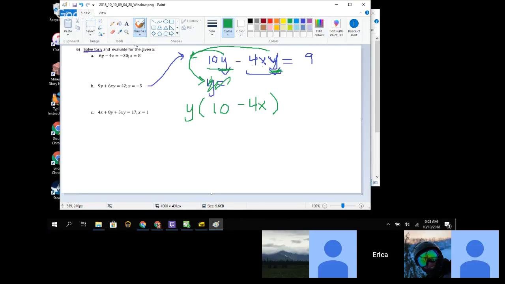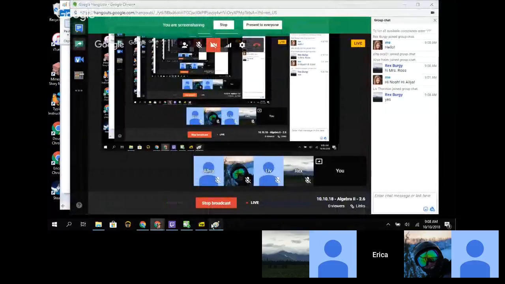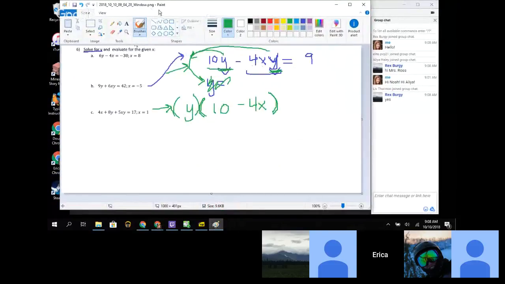So what happens now is I have a y that's all by itself that's multiplied by the stuff in the parentheses. Are you guys okay that this green form of the equation is the same as this original form of the equation? Does that make sense that they're the same? I'm going to adjust my window here so I can see the chat at the same time. Okay.